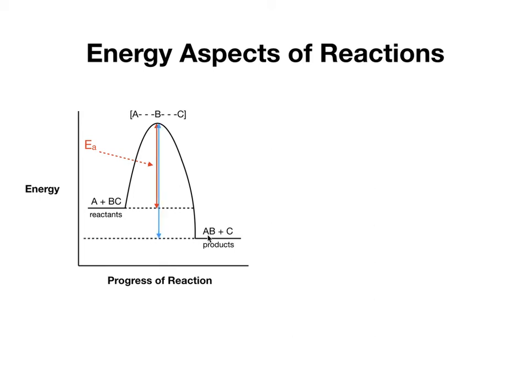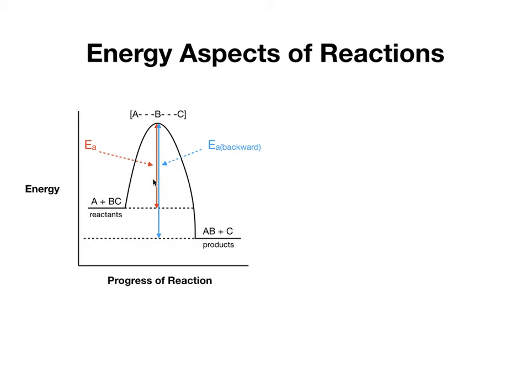So if we consider the amount of energy it takes for the reaction to go in the backward direction, okay, that amount of energy would be the activation energy. And so what I've shown here with this blue arrow, again, in theory, this would be the activation energy for the backward reaction, okay, going from products to reactants.